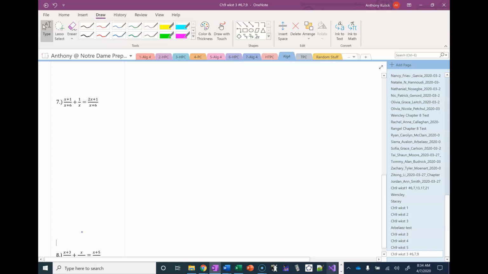Now if we move on to 7, this one's even a little easier, I think, because if I look at the denominators, there's really nothing to factor. I just have to determine what the least common multiple of the denominators is. When I look at my 3 denominators, I see 2 distinct prime factors: x plus 6's and x's.